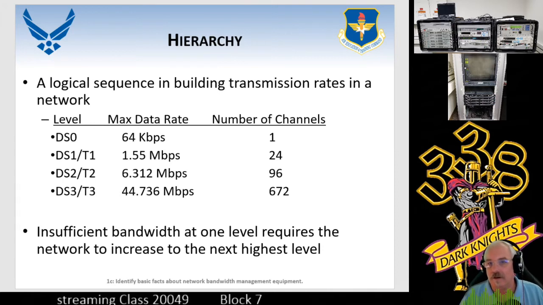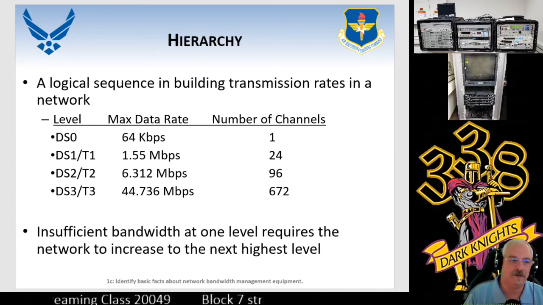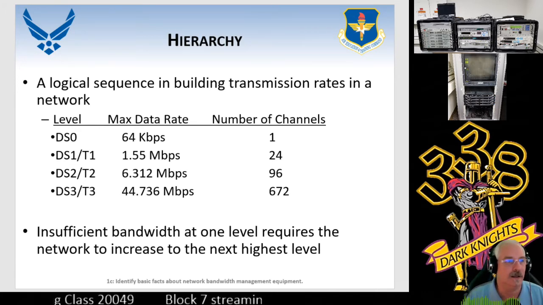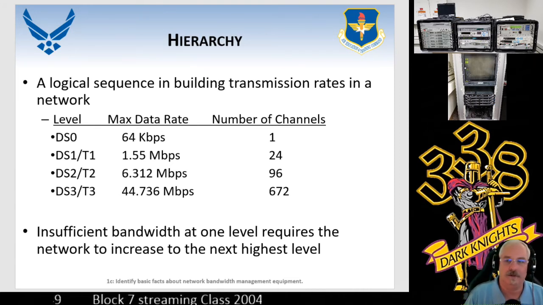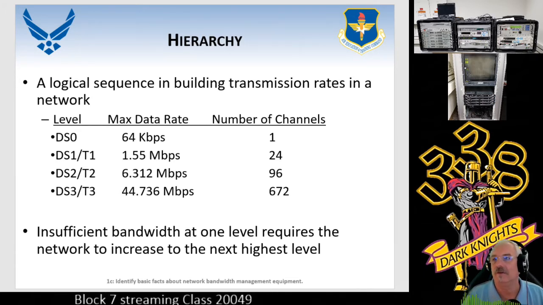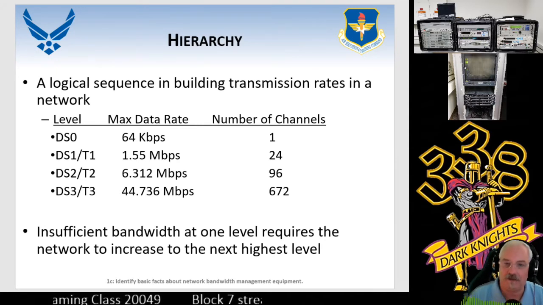Next one, hierarchy. We talked about this in our last segment when we were talking about T1/E1 lines back on Friday. This is a logical sequence of building transmission rates in a network. What does that mean? It means that I got to start from somewhere. In our case, you look at DS0, which is 64K, basically a voice channel.